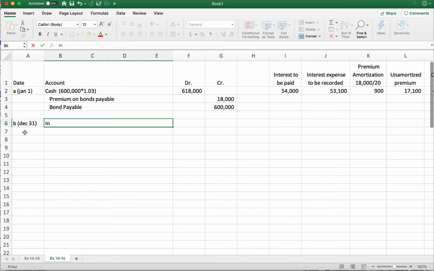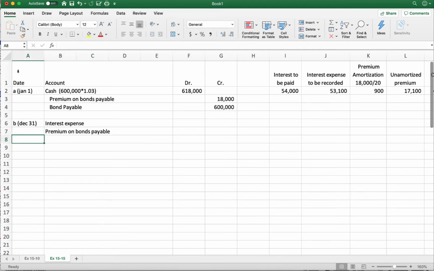So I'm going to debit interest. I'm going to debit my premium on bonds payable. And I'm going to credit my interest payable account.